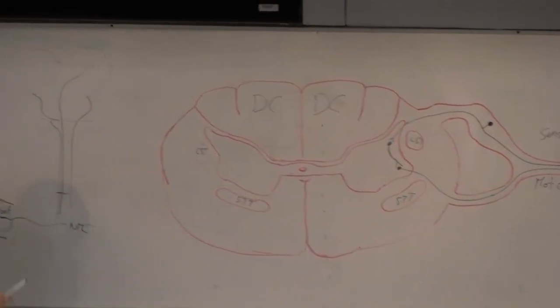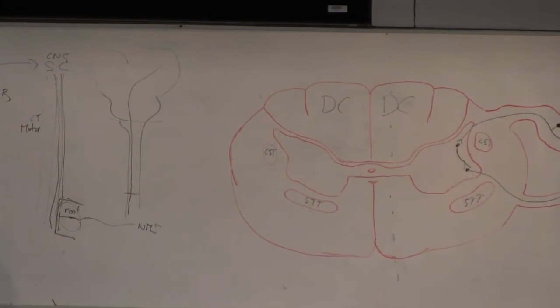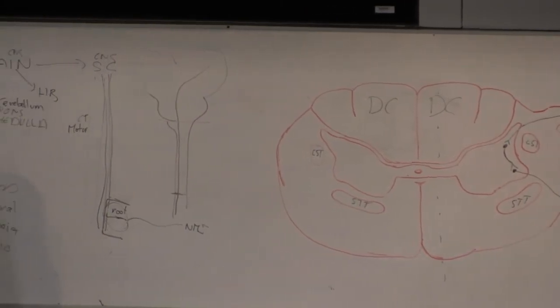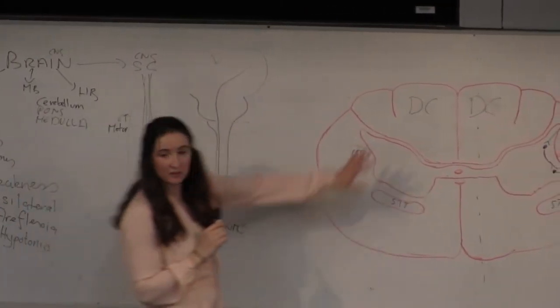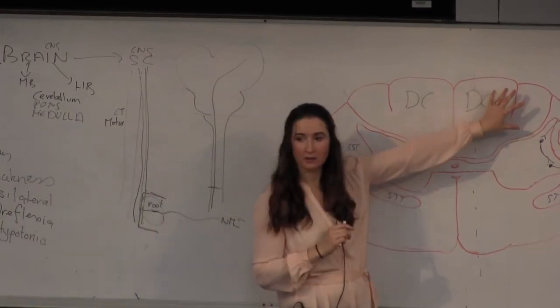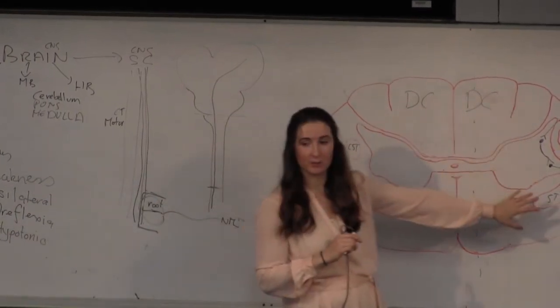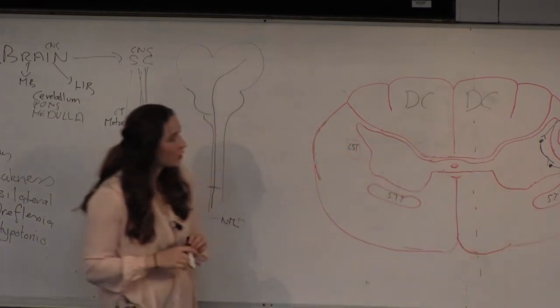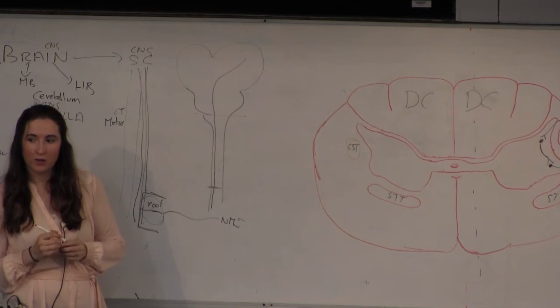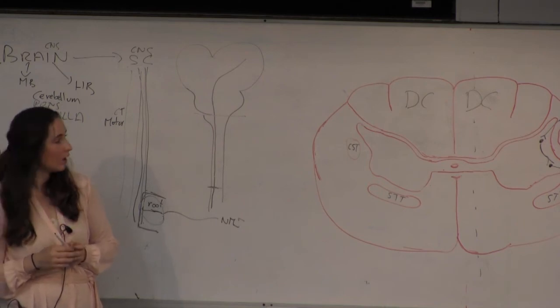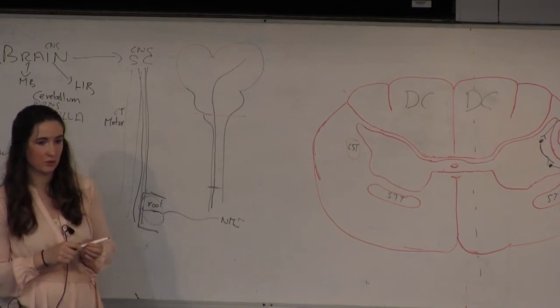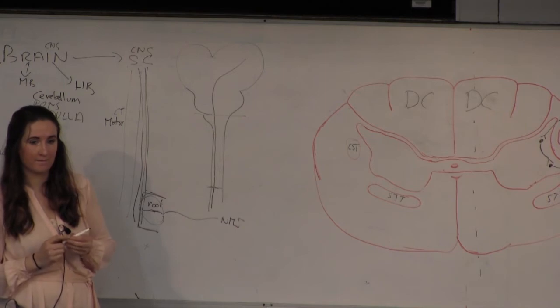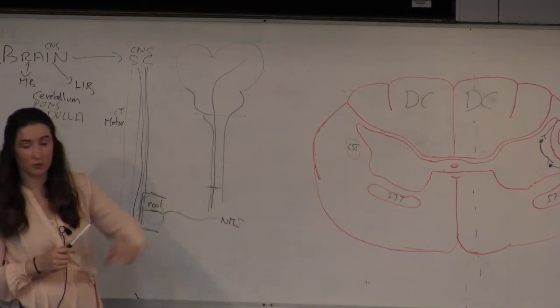Okay, so what kind of sensory abnormalities would you expect with that then? Are your dorsal columns affected? They are, yeah. Are your spinothalamic tracts affected? Yeah, they are. So, will you have ipsilateral or contralateral loss of those sensory modalities?